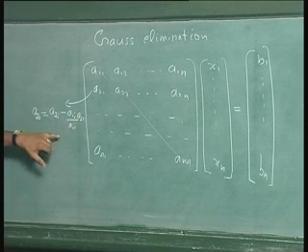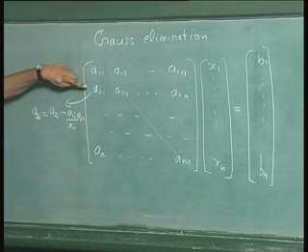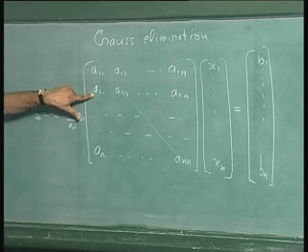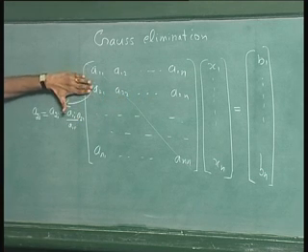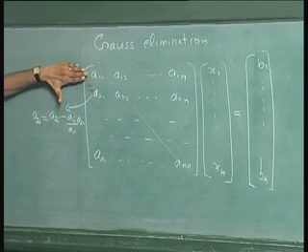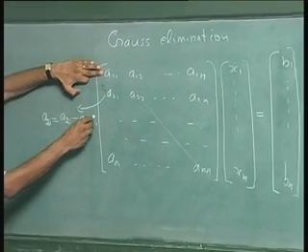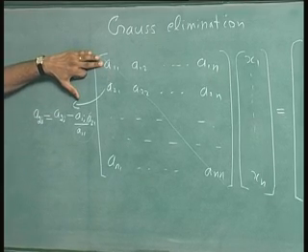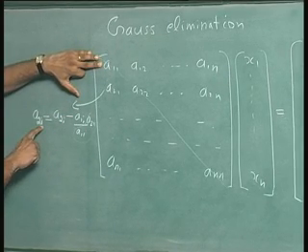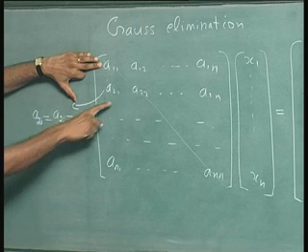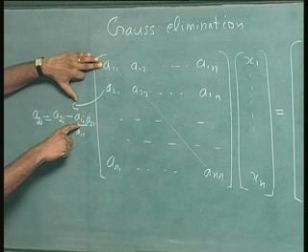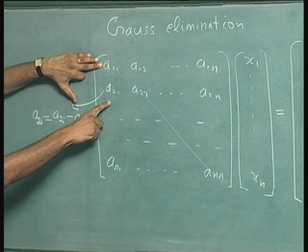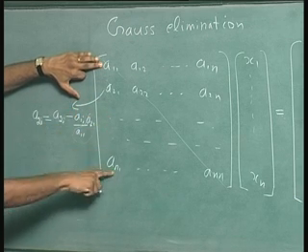When i is 1, a21 goes to 0, because a11 by a11 goes to 1 and then a21 minus a21 goes to 0. So I could do this for all the rows.